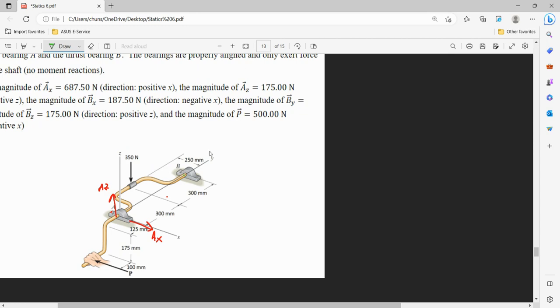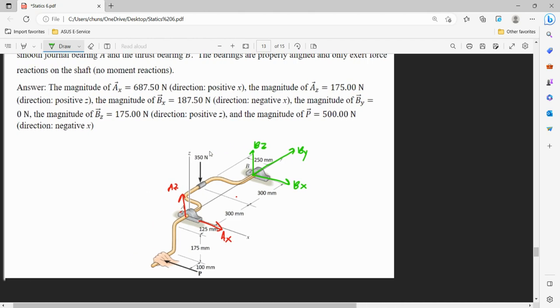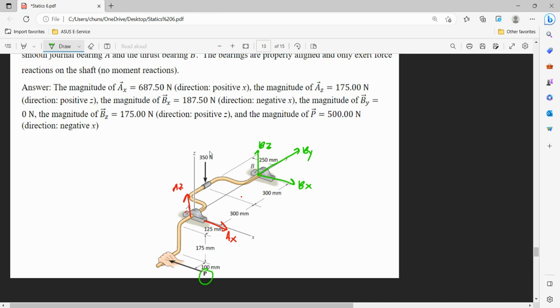So this means we have BZ, BX, and let's say this is BY. All right, so we have 1, 2, 3, 4, 5 unknowns, and 6 makes our P. So we're good. We don't have too many unknowns. We can solve this.